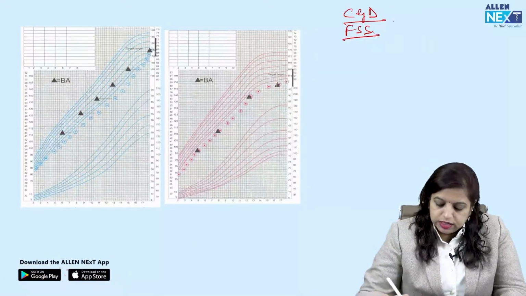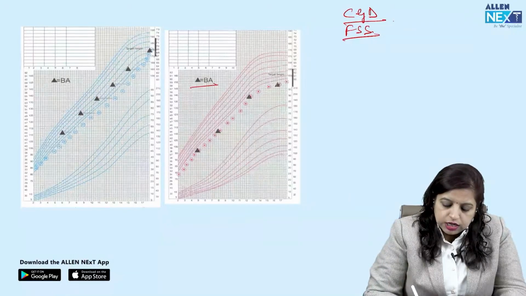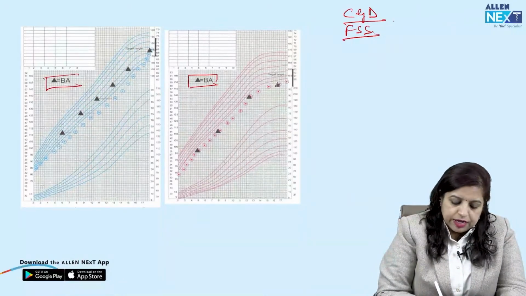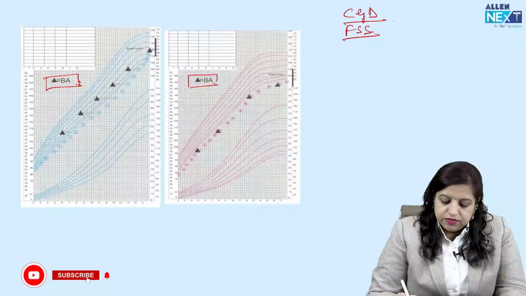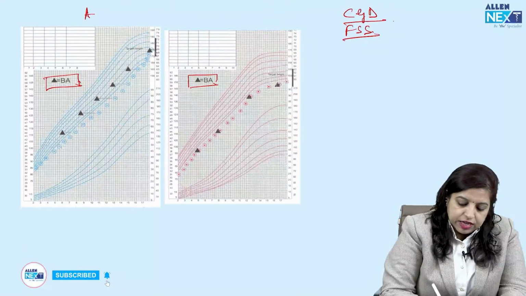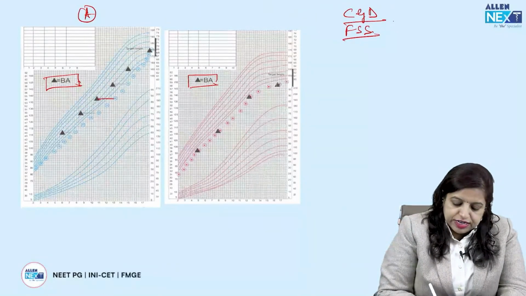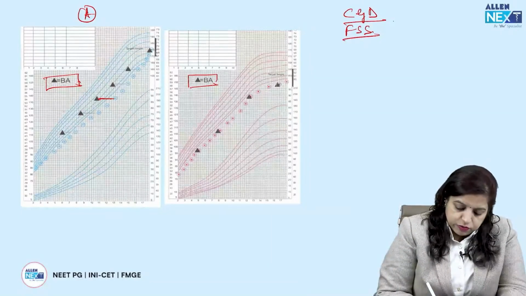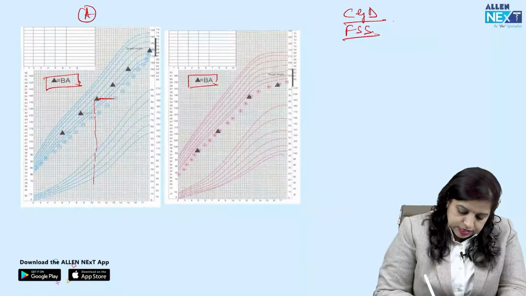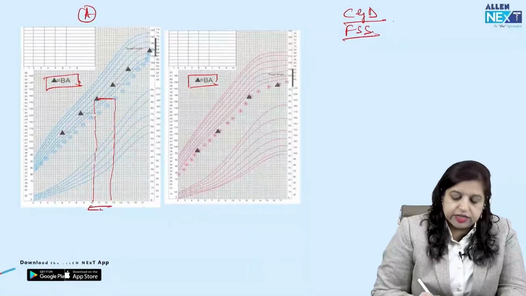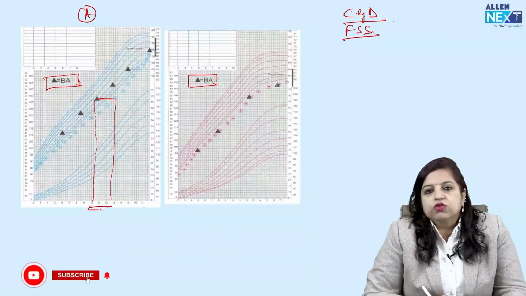So what do we see here? You can see that bone age is indicated by the triangle, and you can very well see in graph A, the bone age is definitely less than the chronological age. So if bone age is falling somewhere here, then the chronological age is over here, and we know on the left side the age is of the lesser value.